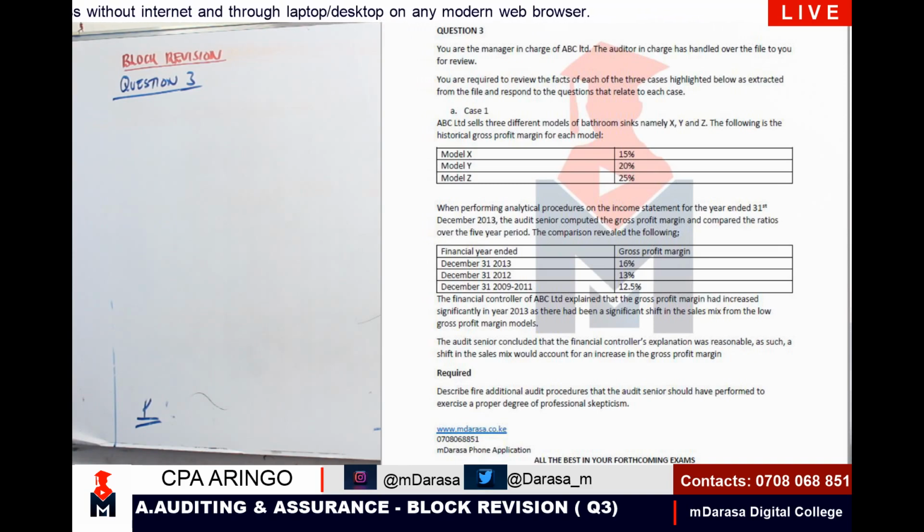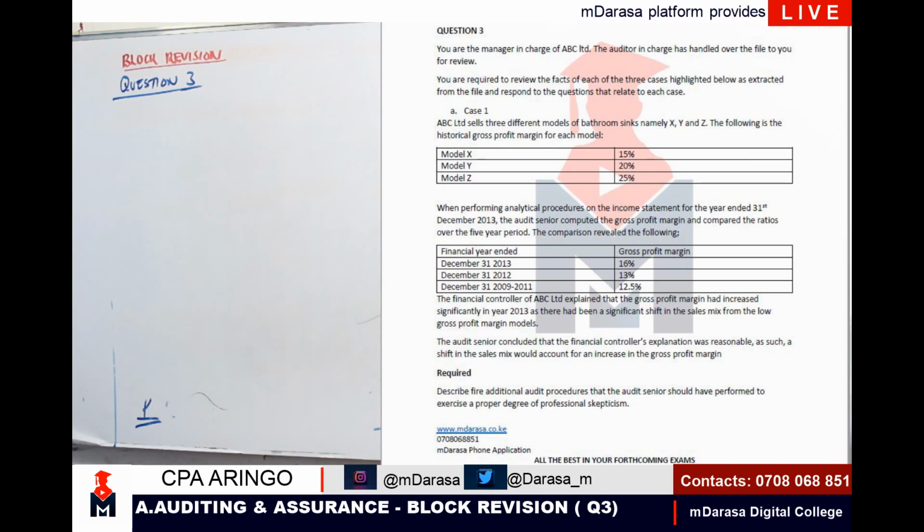Case 1. ABC Limited sells 3 different models of bathroom sinks, namely X, Y, and Z. The following is the historical gross profit margin for each model. When performing analytical procedures on the income statement for the year ended 1st December 2013, the audit senior computed the gross profit margin and compared the ratios over the 5-year period.